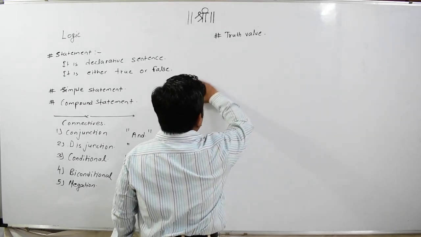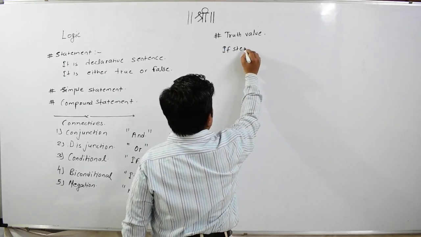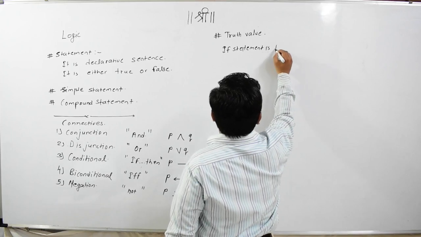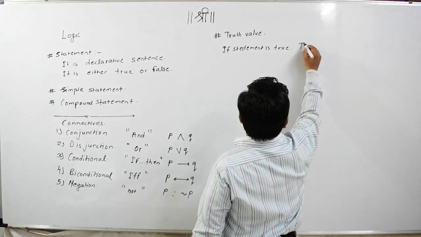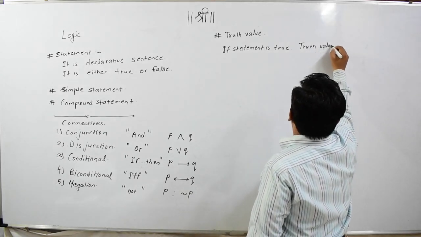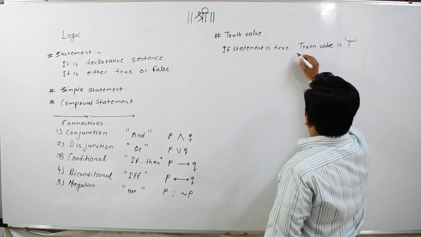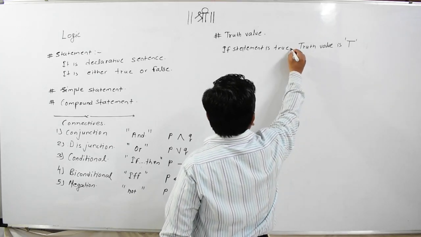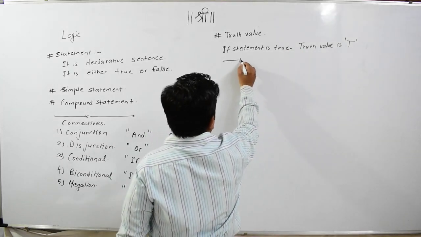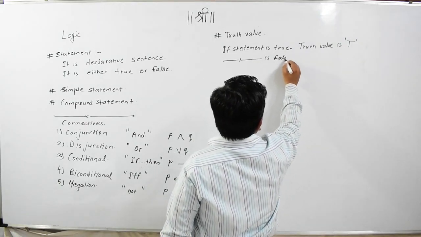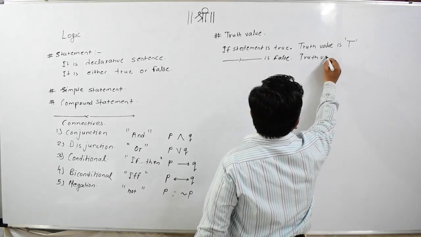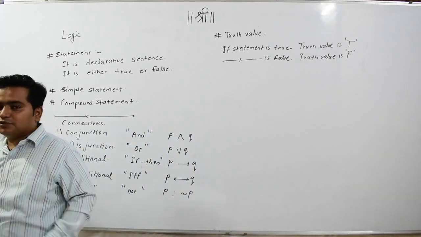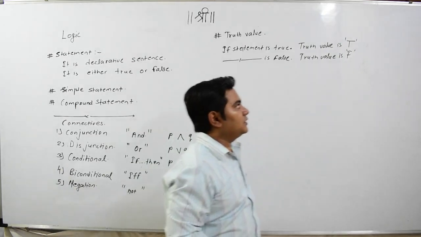If the statement is true, then the truth value is capital T. If the statement is false, then the truth value is F. These are the symbols we are introducing for truth value.